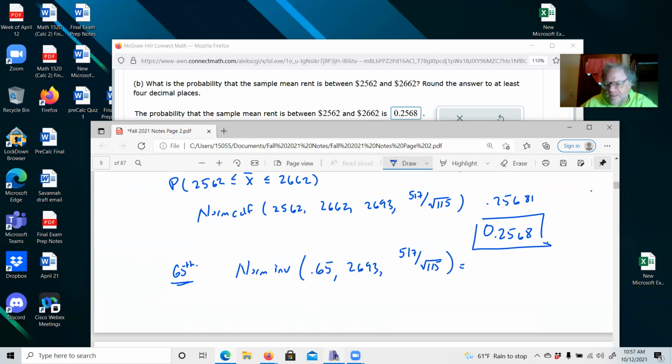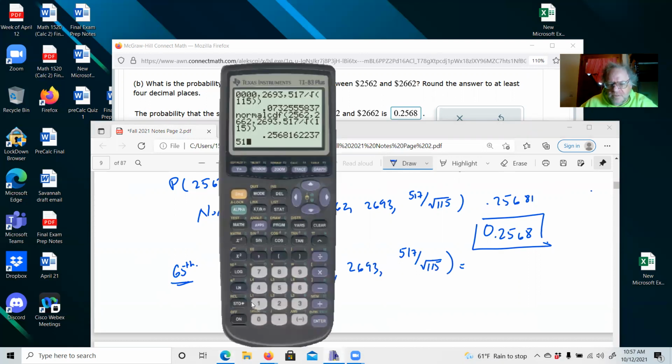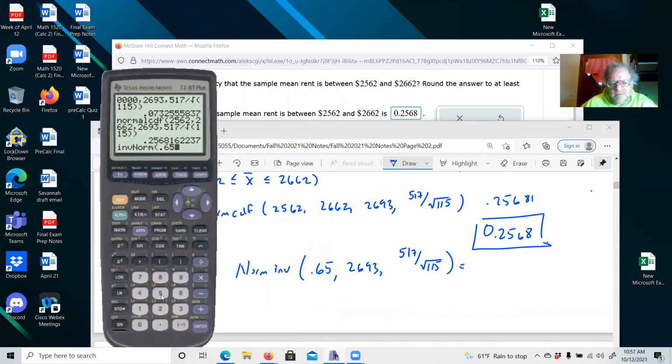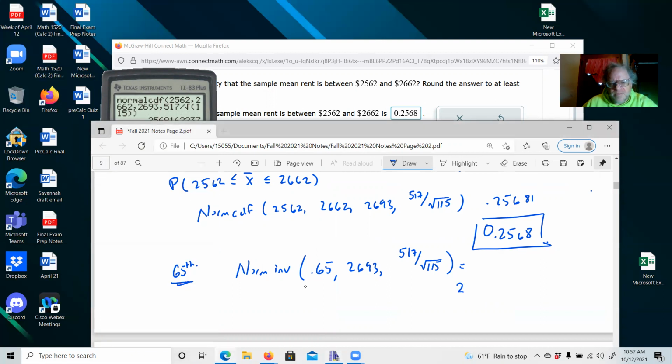Distributions, norm inverse, probability 0.65, mean 2693, comma, standard deviation 517 divided by the square root of 115, and equals. So we have the 65th percentile.